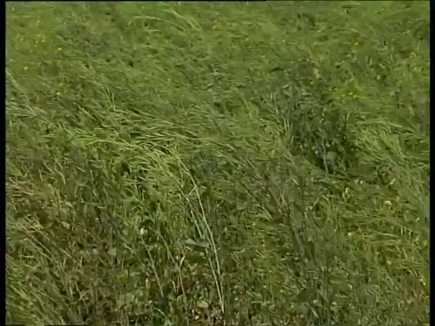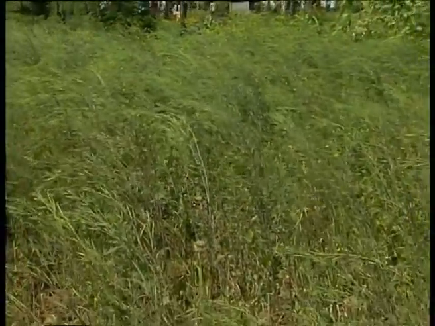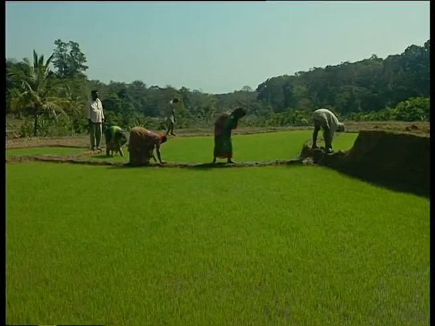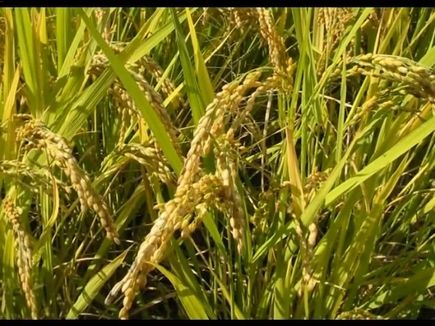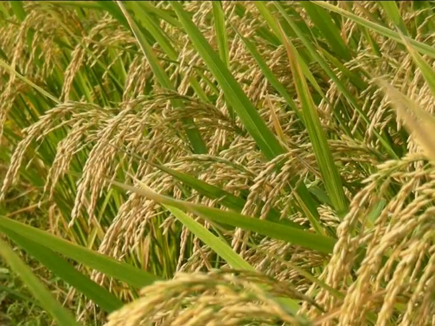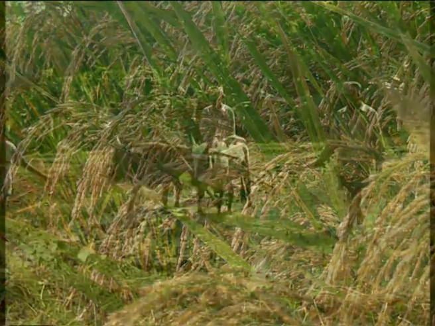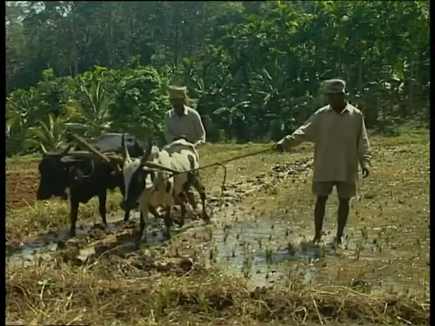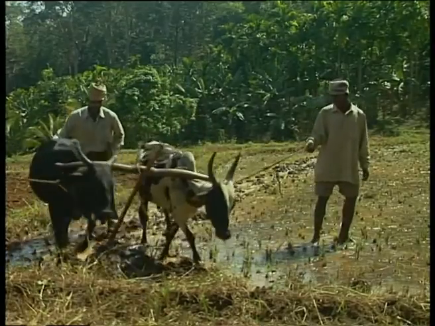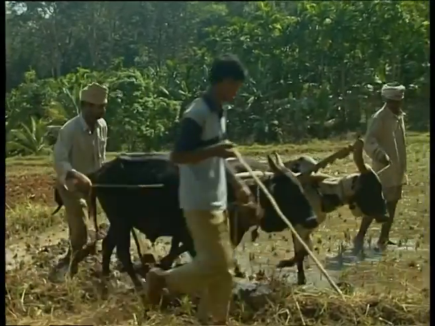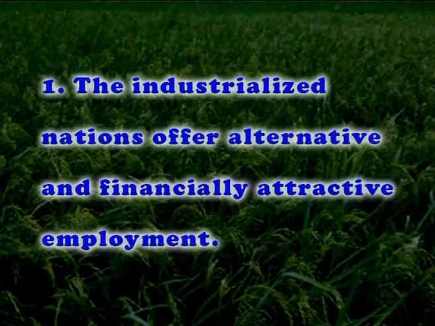Many of the cultivators of western Uttar Pradesh have given up the cultivation of rice owing to the non-availability of workers at the time of transplantation and harvesting. There are two basic reasons for the decline of agricultural labour, especially in the developed countries. Firstly, the industrialized nations offer alternative and financially attractive employment.